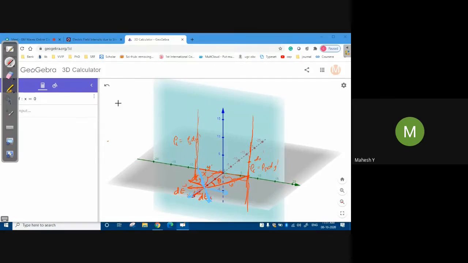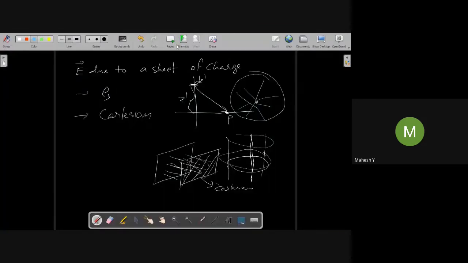So if I want dE, which is nothing but only dEx, I have to integrate, right? But what is dEx now? Okay, so we got something like this.